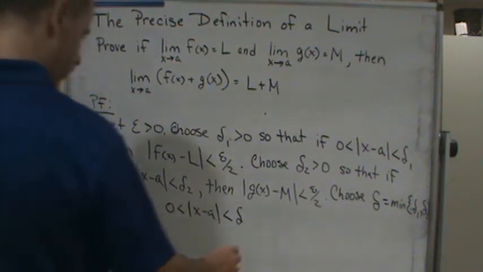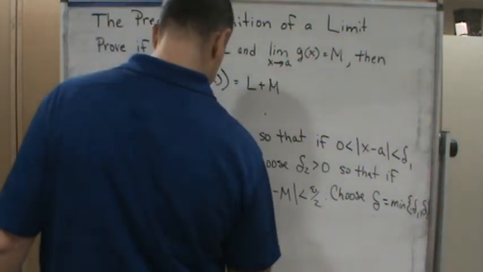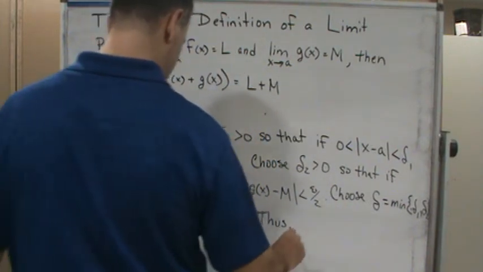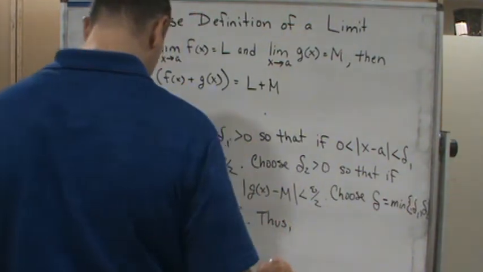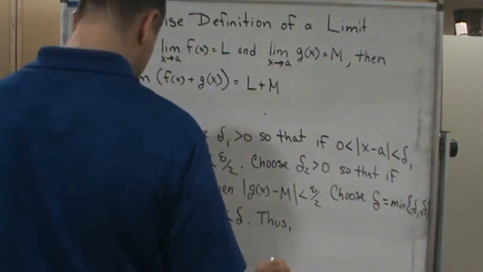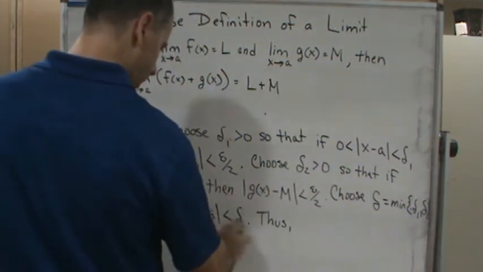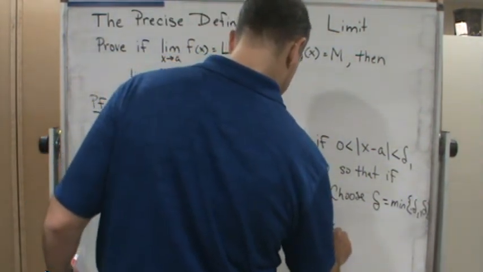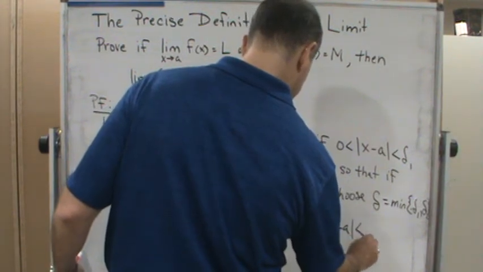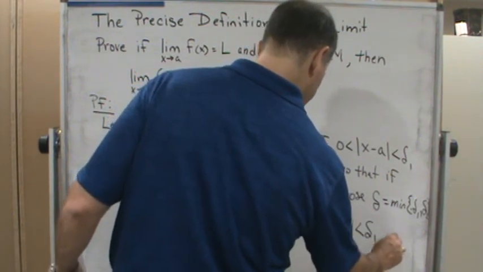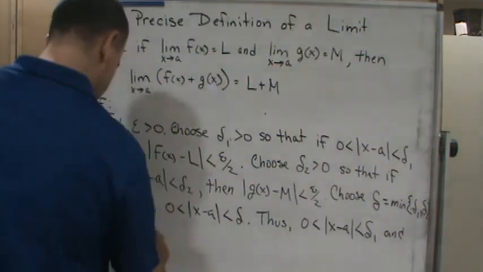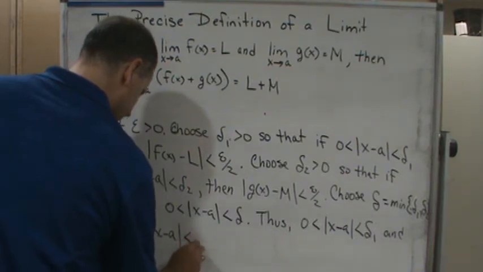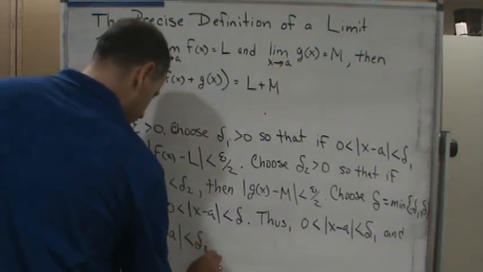Thus, 0 is less than the absolute value of x minus a is less than delta 1, and 0 is less than the absolute value of x minus a is less than delta 2.